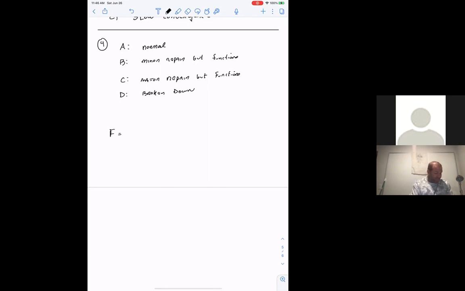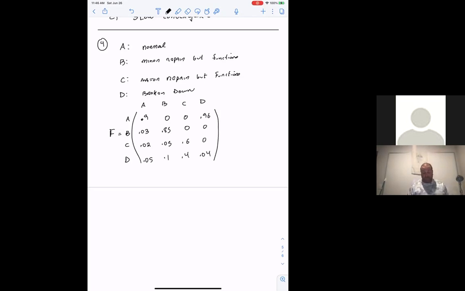Well, they give it to us. They have to. There's not enough information otherwise. So the transition matrix, presumably, they don't write this, but presumably it's ABCD, ABCD, is 0.9, 0.03, 0.02, 0.05, 0, 0.85, 0.05, 0.1, 0, 0, 0.6, 0.4, and 0.96, 0, 0.04.